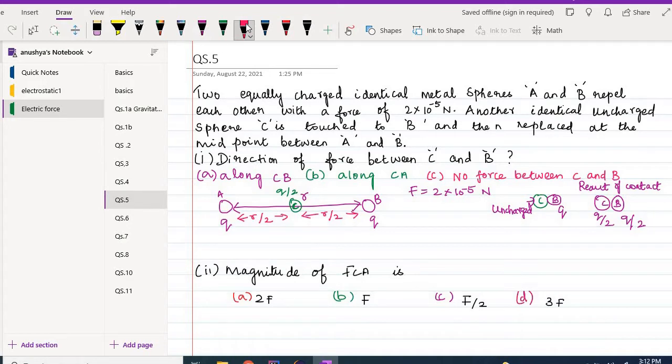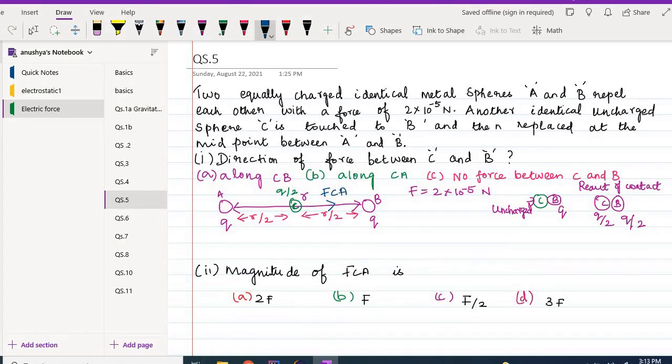What will be the direction of force between C and A? A is a positive charge and C is also a positive charge, so C experiences a repulsive force due to charge A. So C is repelled by A, and we get F CA.